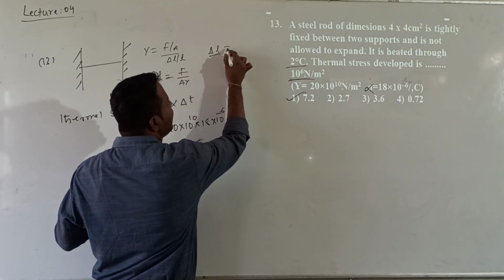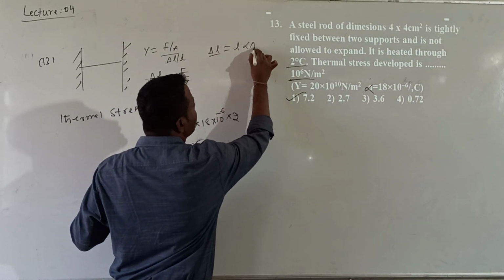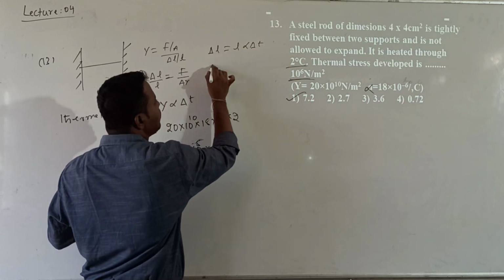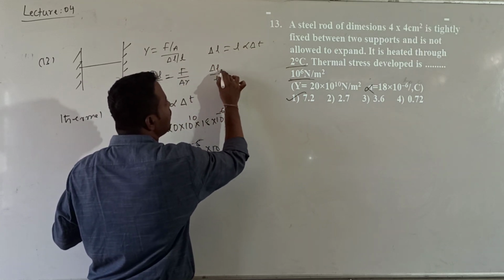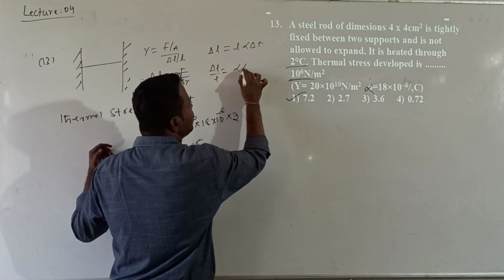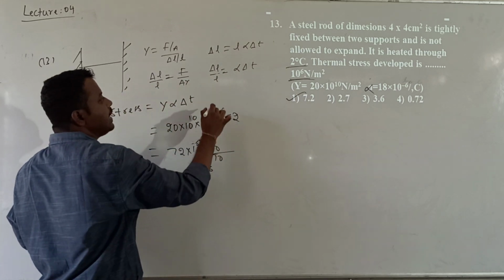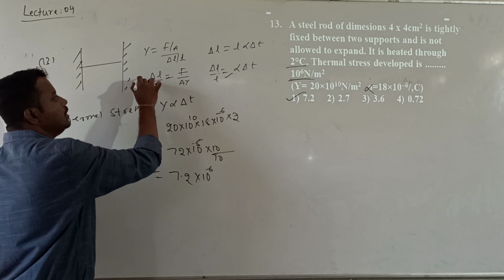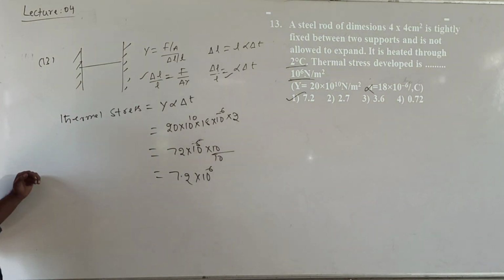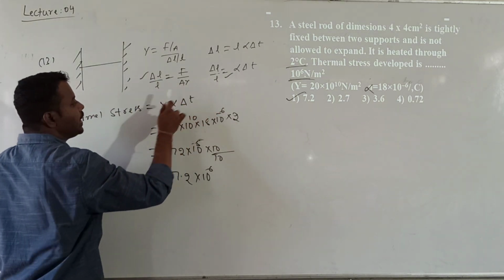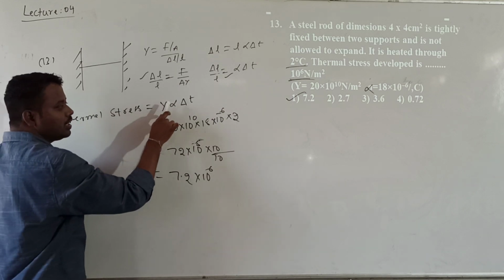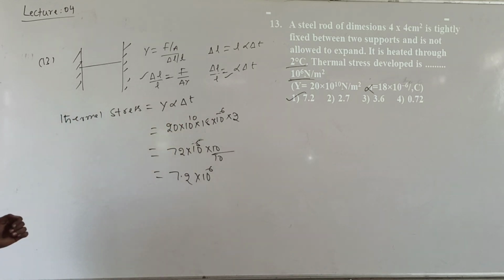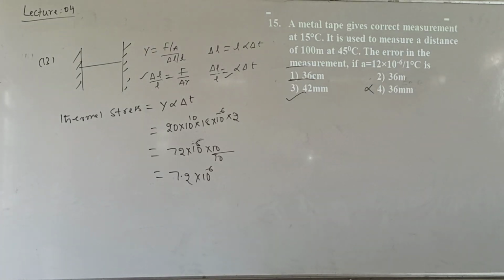That is given by delta L is equal to L into alpha into delta T. From this delta L by L is equal to alpha into delta T. This is the increase in length due to temperature. This is the prevented length due to the rigid support. By equating these two, we can calculate the thermal stress, which is given by Y into alpha into delta T. Understood? So this is question number 13.